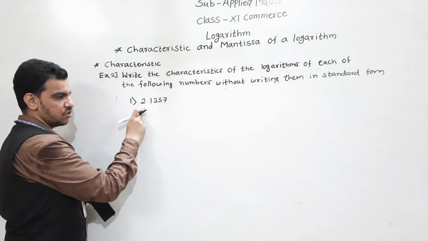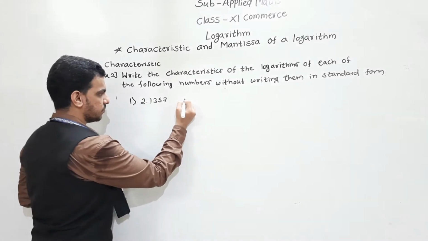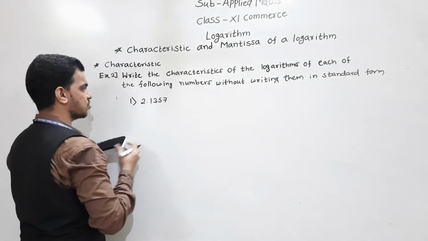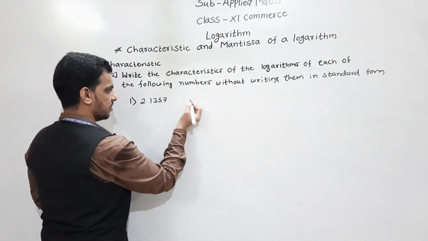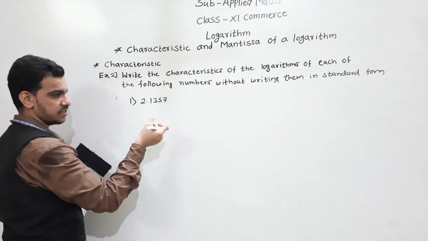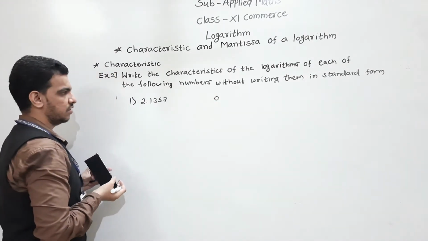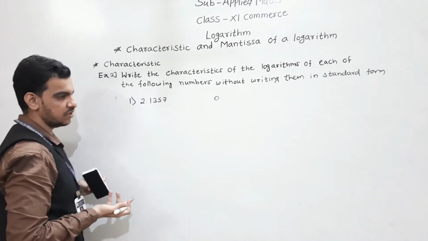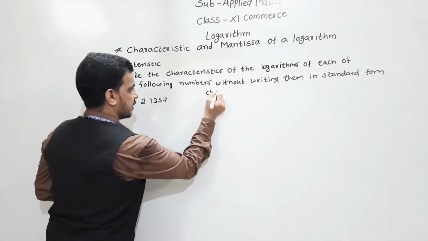That is 1. Before the decimal point 1 digit is there, so 1 minus 1 is 0. So the characteristic is 0, because this number we can write as 10 raised to 0.